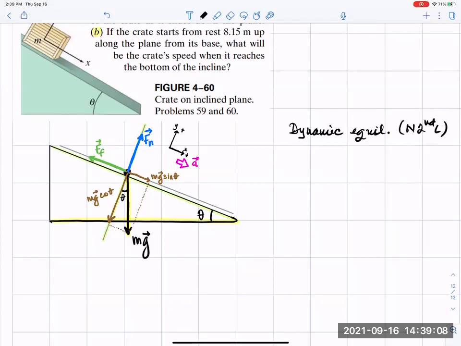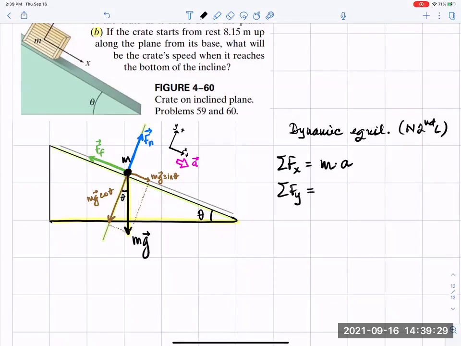All right, so let's look at it. We have the sum of all forces, which is your net force, on the x-axis, which is the direction of movement, equals the mass of the system, which is the mass of this crate or whatnot, times the acceleration of the system. Then you have the sum of all forces on the y direction.